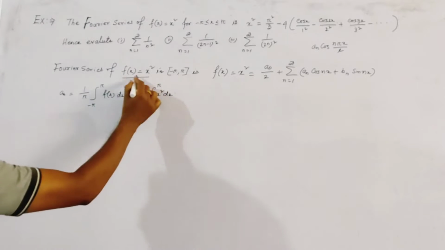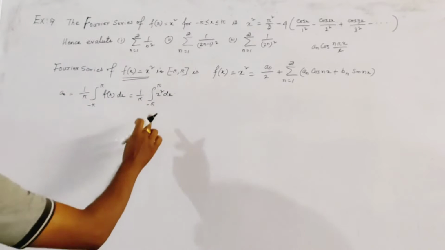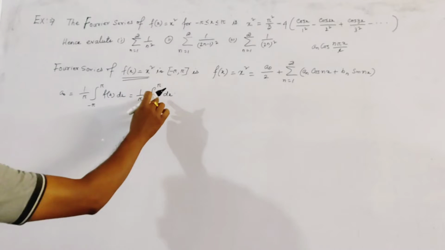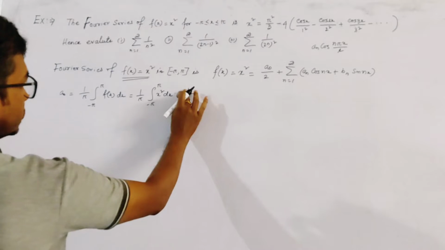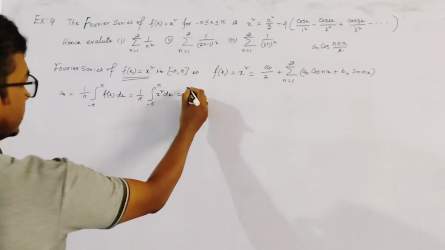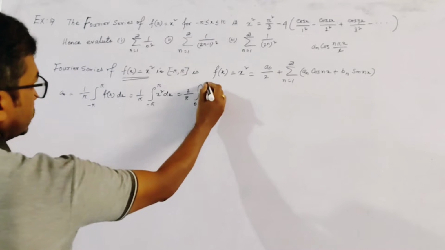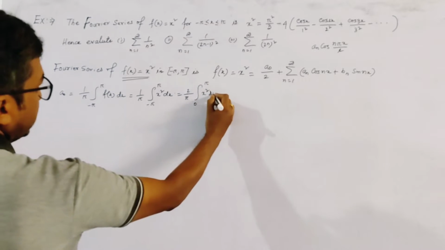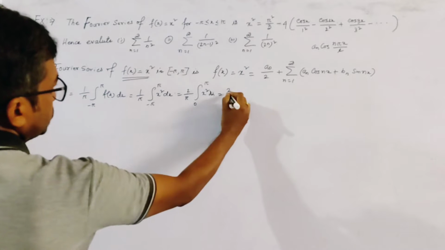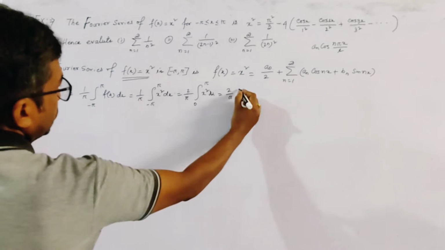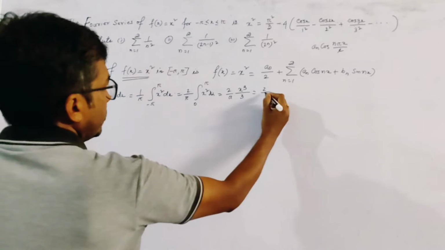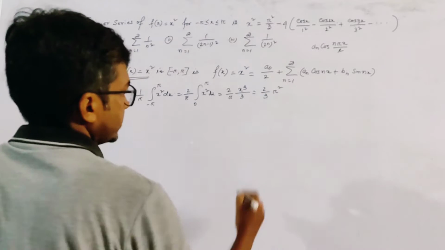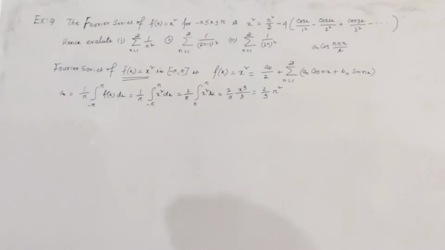It is given that f(x) equal to x square, and clearly this is an even function, so we write this 2 by pi integration 0 to pi x square dx, and that is 2 by pi into x cube by 3, so 2 by 3 into pi square by putting the range of the integration.